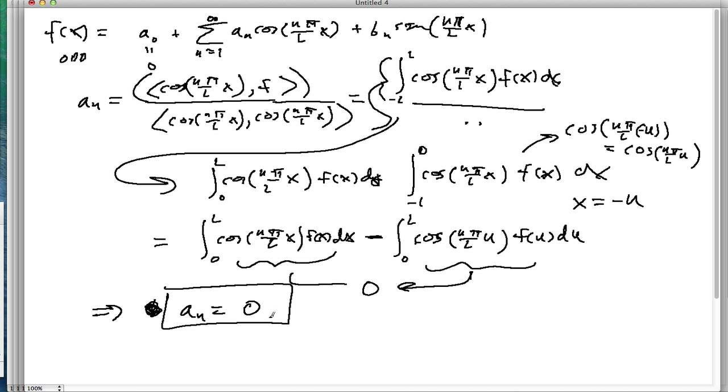Okay, so now we're saying anytime that f is an odd function, we conclude that its Fourier series is a sine series.